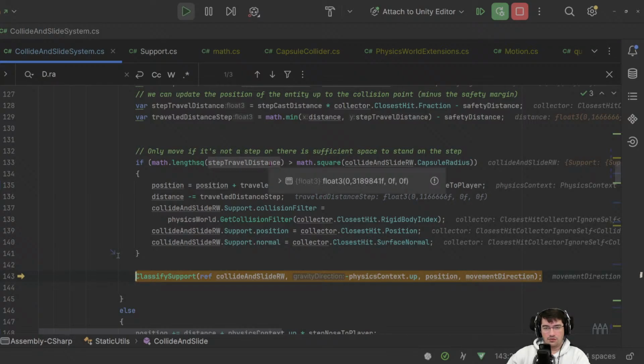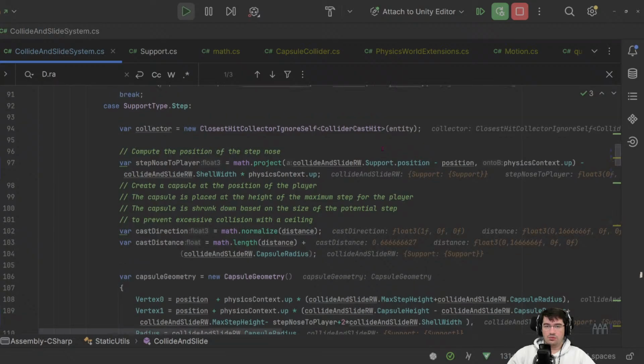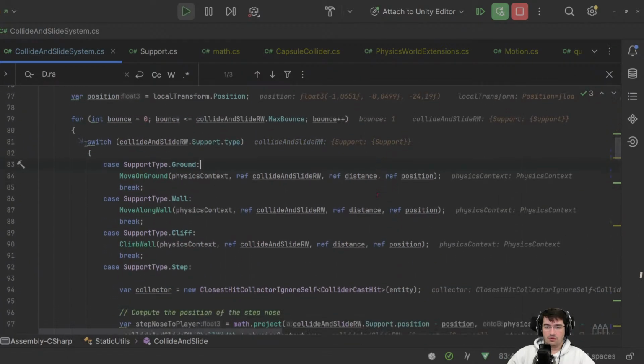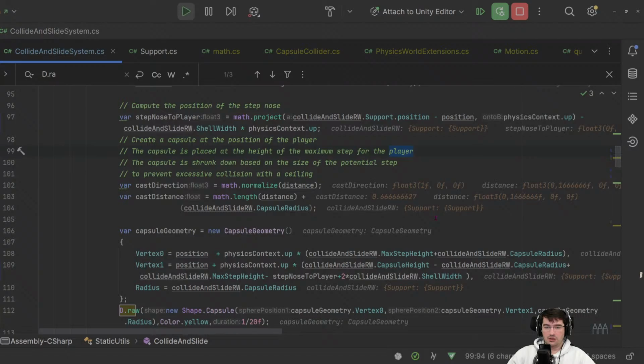And there is not enough space. So maybe I do need to be able to cast a little bit above. So there are two different computations for the step height.